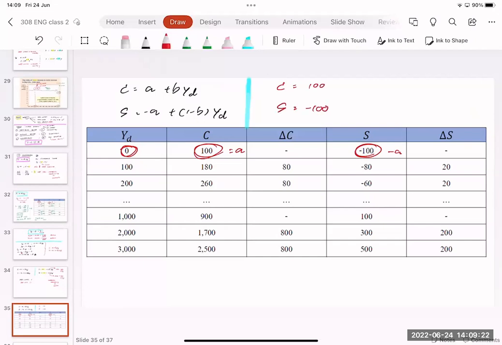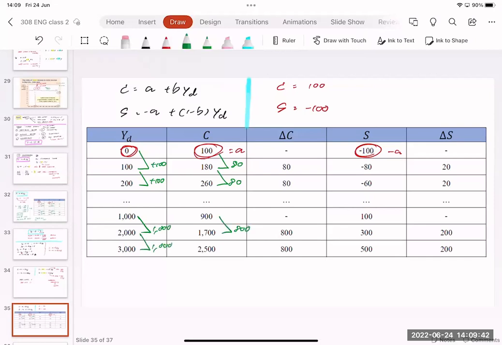Simple. Next one. When you have 100 more in income, you consume more for 80. When you have 1,000 more in income, you consume more for 800.